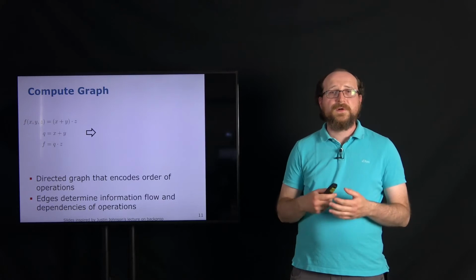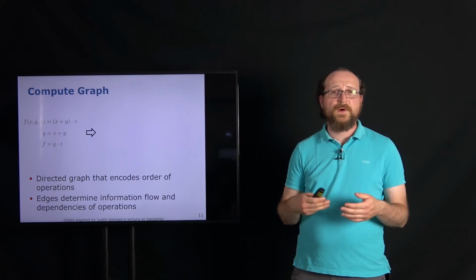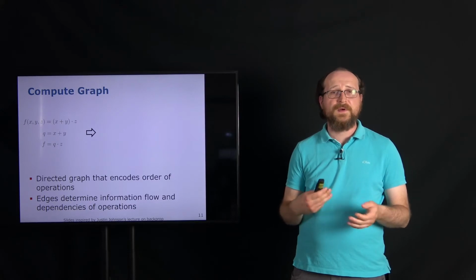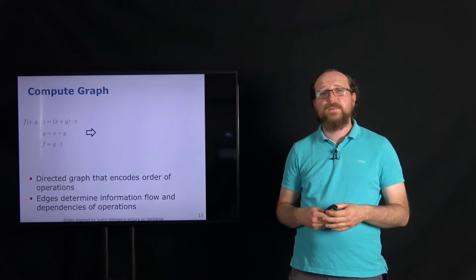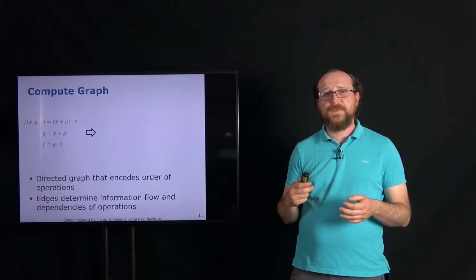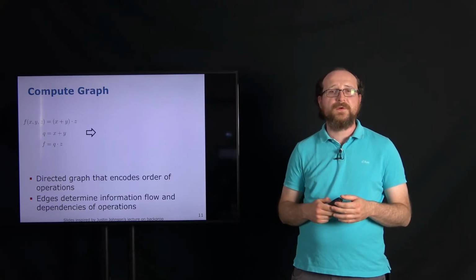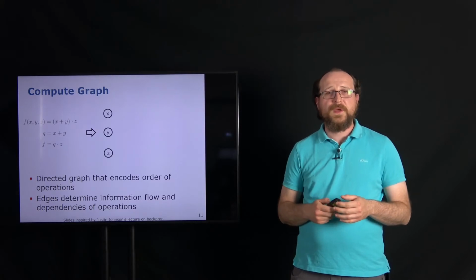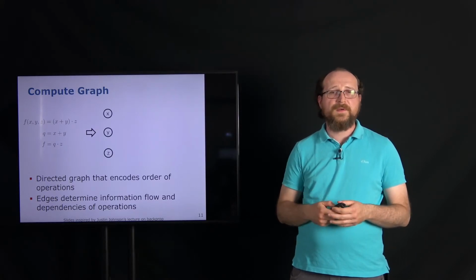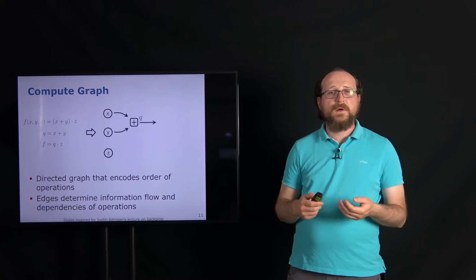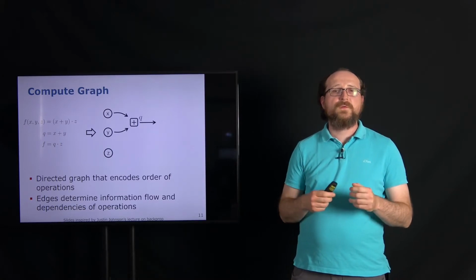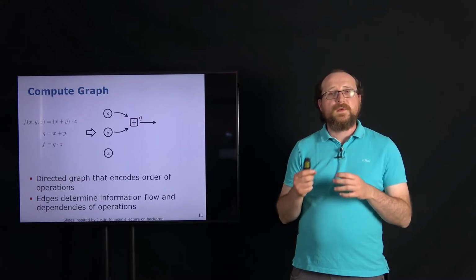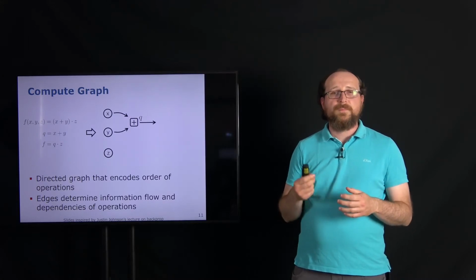So each algebraic operation, in this case f of x, y, and z, which is defined by the sum of x and y multiplied by z, can then be transformed into a computational graph. So we have our inputs x, y, and z, and directed edges to the compute nodes to tell, okay, these are the inputs of the plus operation.